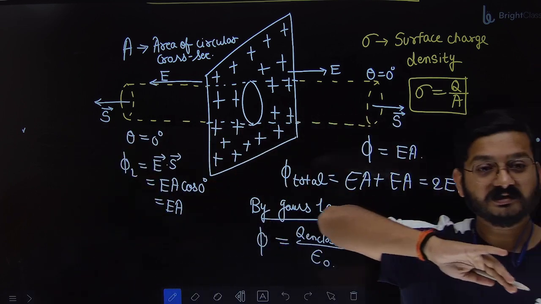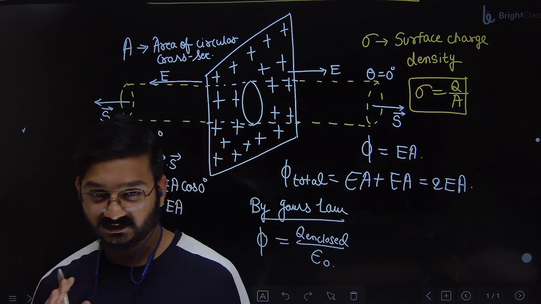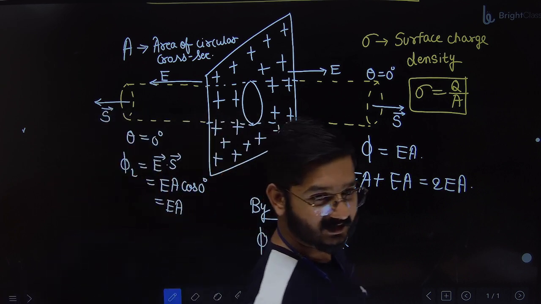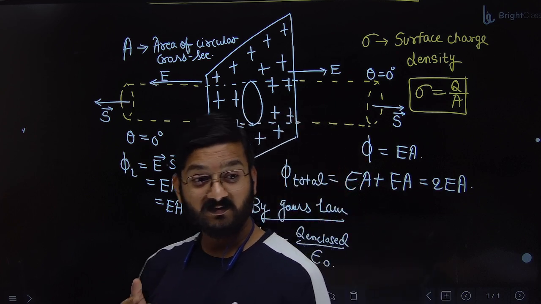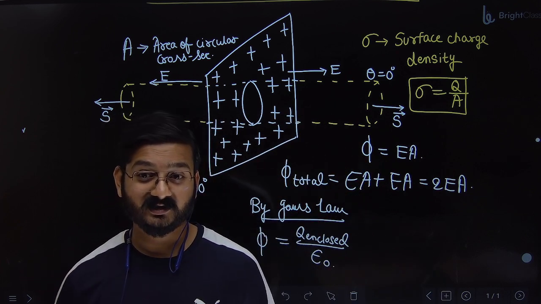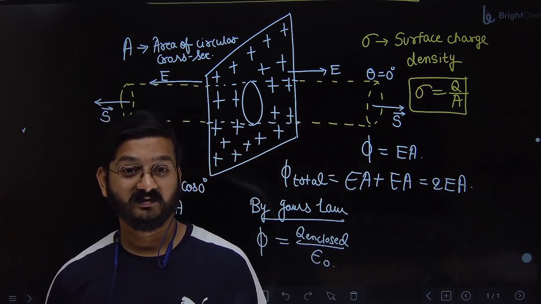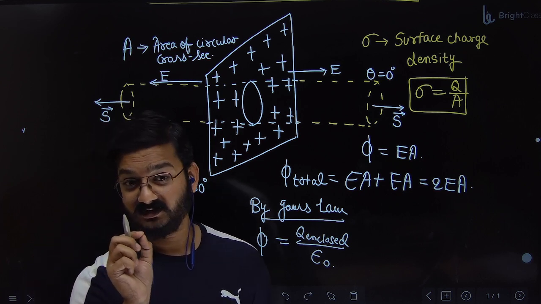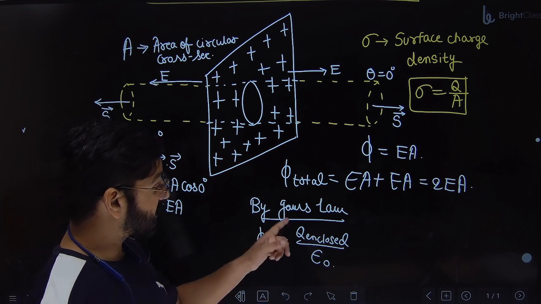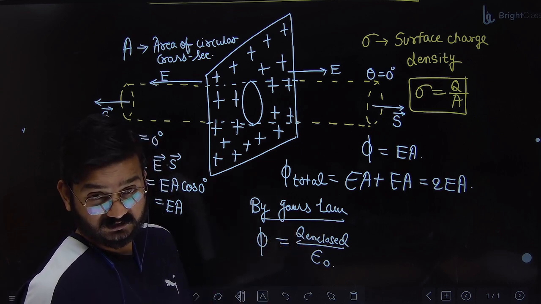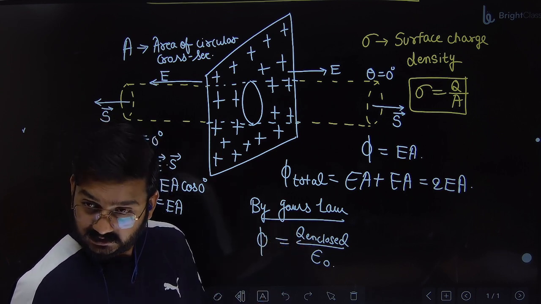The whole body or the Gaussian surface? The Gaussian surface. Okay. Focus on small things. You will not feel that it is important, but from there only they create one assertion reason and you get confused in the exam. From small things, tricky questions come. So this is the charge enclosed by the Gaussian surface, not the whole body.